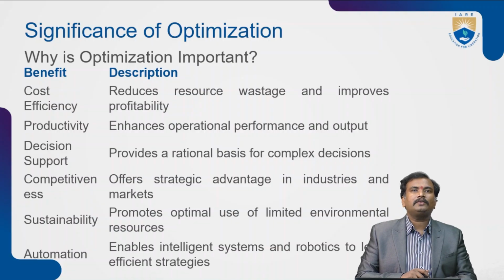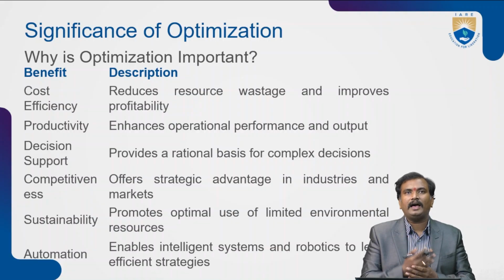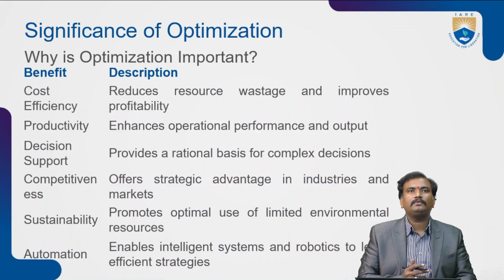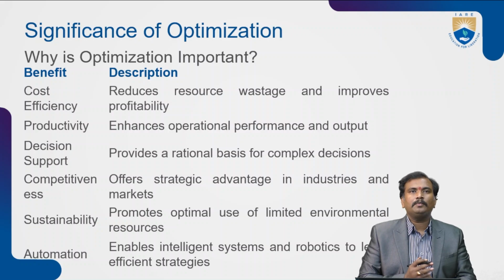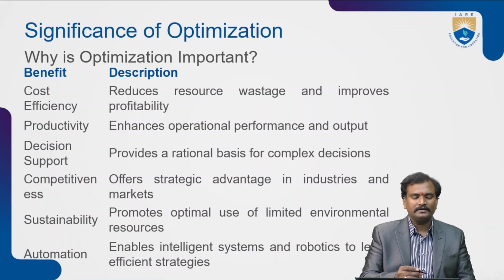And the significance of optimization, as we have discussed, is the last one. Why is optimization important? Optimization is important because we get some benefits, and with those benefits we achieve cost efficiency.